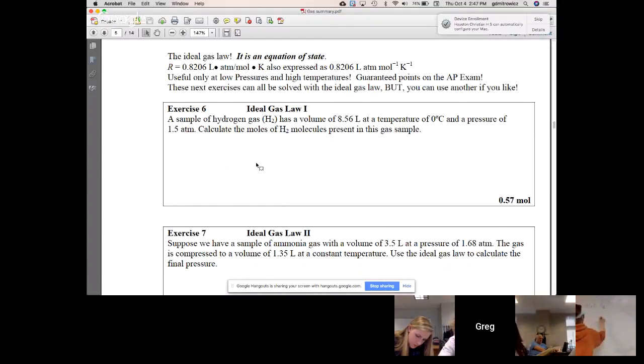What's the gas constant? R is 0.08206 liter atmospheres per mole Kelvin.